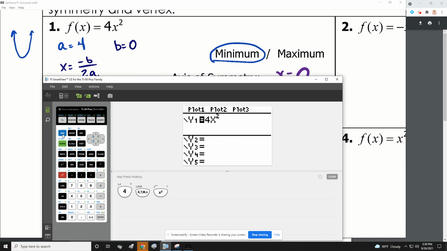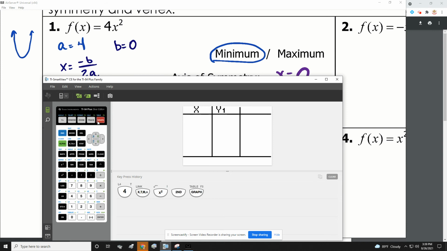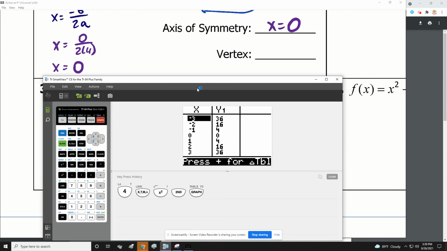And we'll go to our table like we did yesterday. So second graph. And we know that, well, it's already ready for us. We know that the x part of the vertex matches the axis of symmetry. And so what we would do is make sure we put that in the middle. And these two are the same. So our vertex is the point 0, 0.